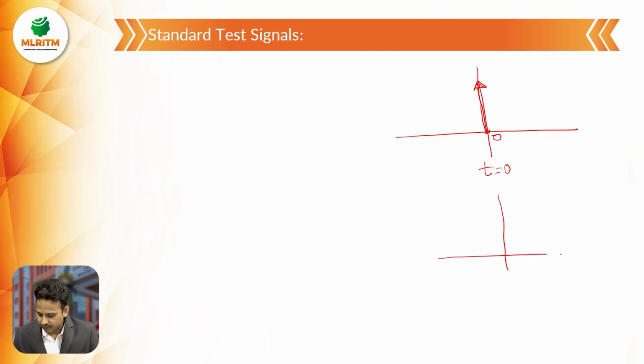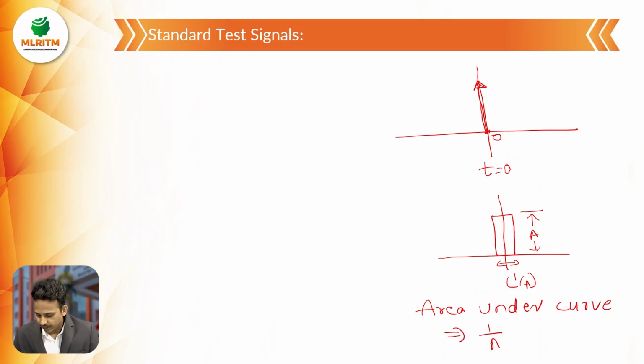But in the practical case, this is the practical impulse. So the height is A and the width is 1 by A. So the area under the curve is equal to base into height, which is 1 by A times A, so the area is unity.